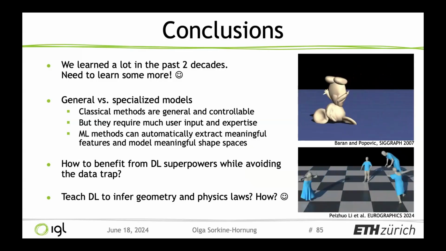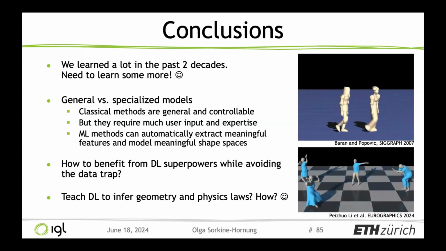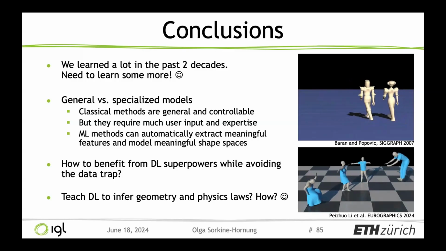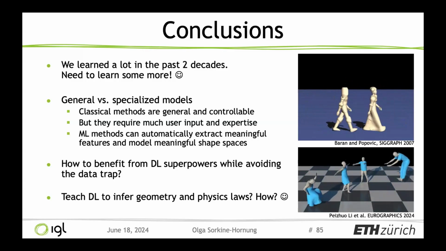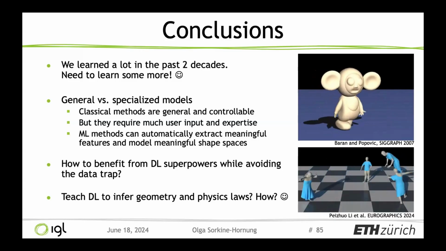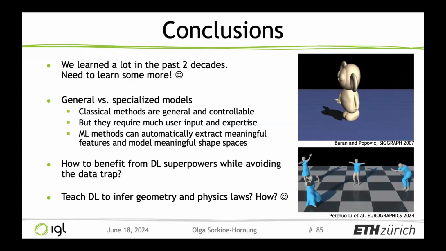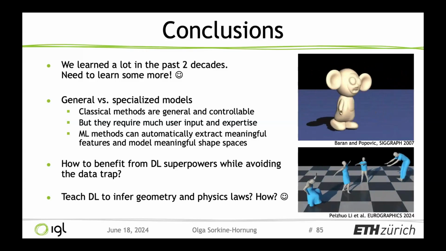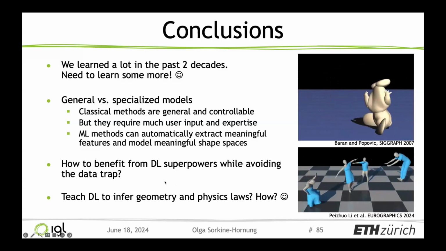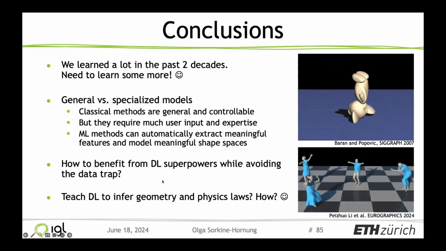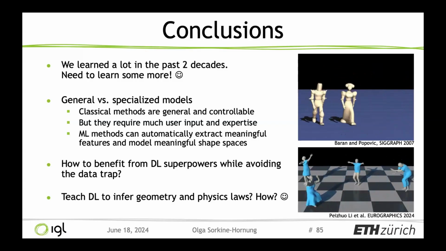And I think one of the challenges is how to deal with general versus specialized models. So currently we only have specialized models, indeed very specialized, only chairs, only airplanes, only lamps. And it would be great to somehow leave that restriction and have these ML-based models generalize better. And so that's really the question, how to benefit from deep learning superpower, but not be so restricted to the kind of data you're training on.